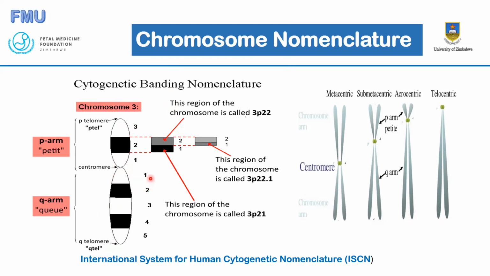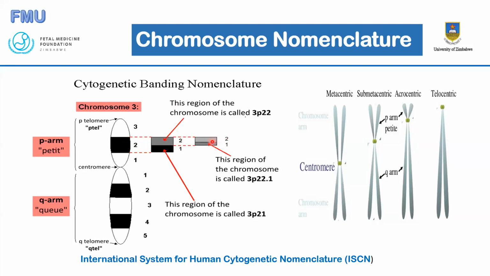So you can see the labeling there from 1, 2, 3, 4. Within these bands, they are further divided again into subregions, as you can see there. And within the subregion, they are further again divided.